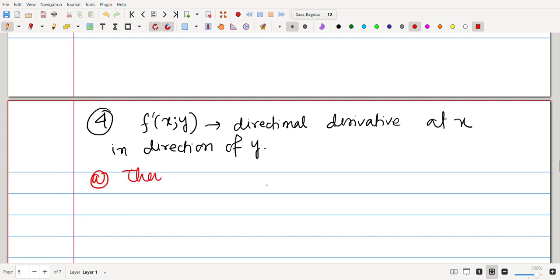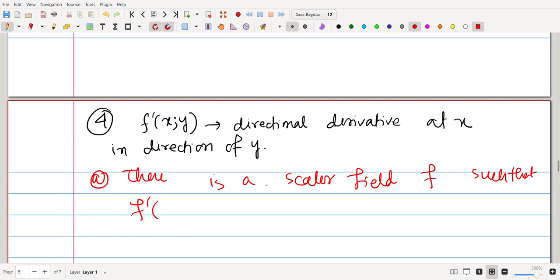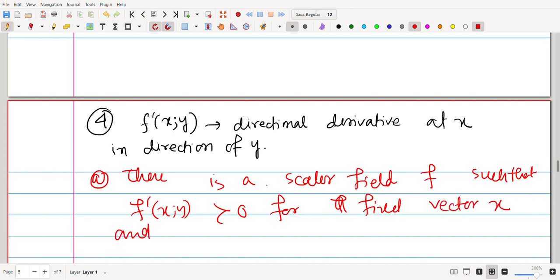Then part A says that there is a scalar field f such that this quantity is greater than 0 for a fixed vector x and for all non-zero vectors y.